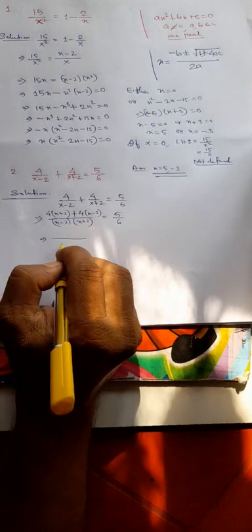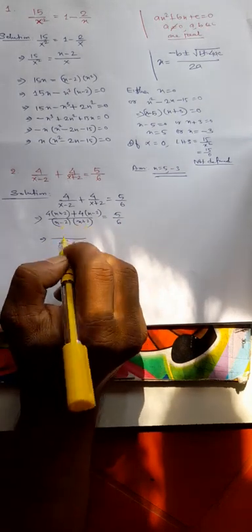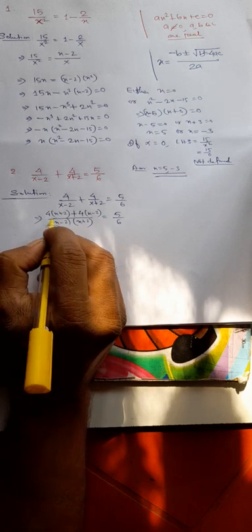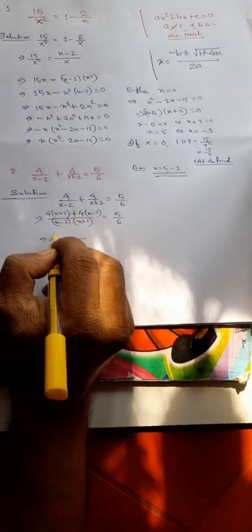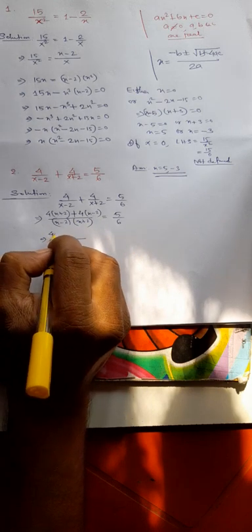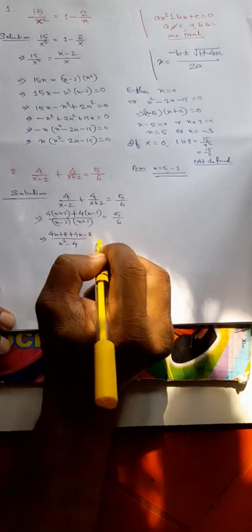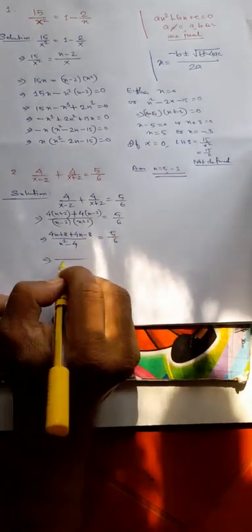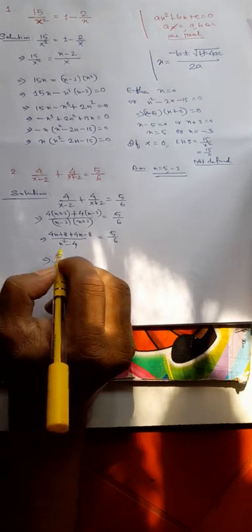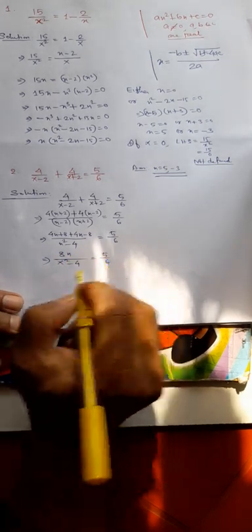This you know, a plus b into a minus b is a square minus b square, so x square minus 2 square, x square minus 4. This becomes 4x plus 8 plus 4x minus 8. That means this will become 8x over x square minus 4 equal to 5 by 6.